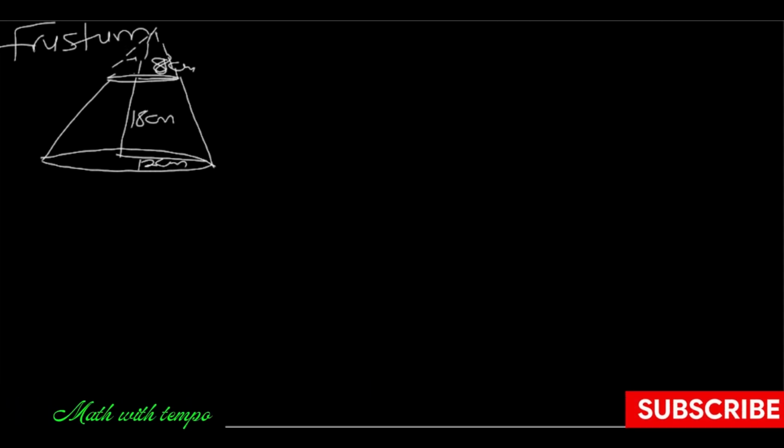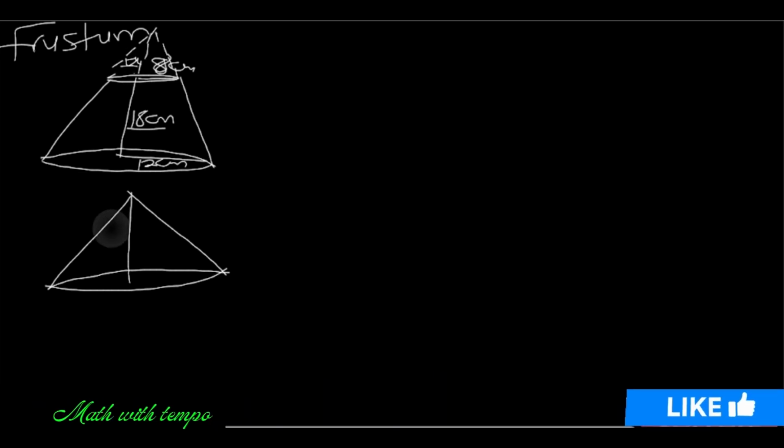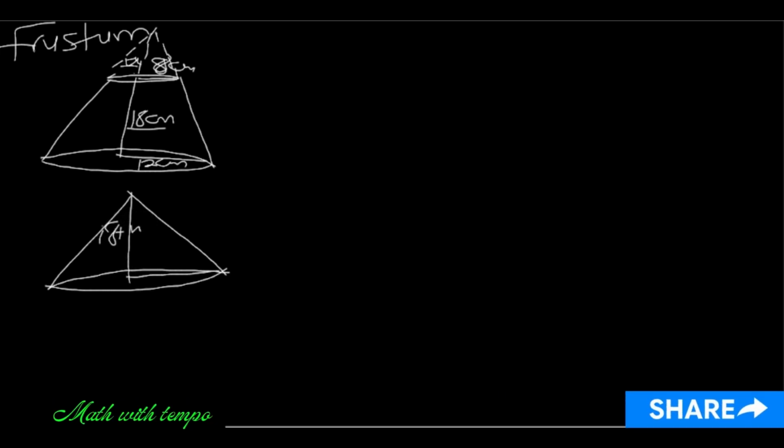Let this be X. So if that be the case, I will have the first one, that is the full structure. That is 18 and X for the whole height, that is 18 plus X.